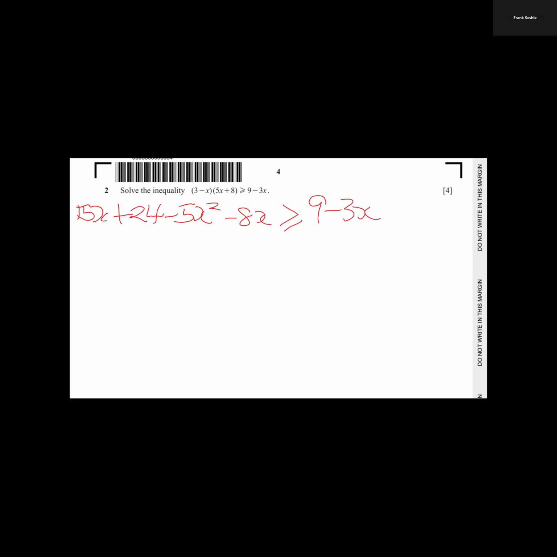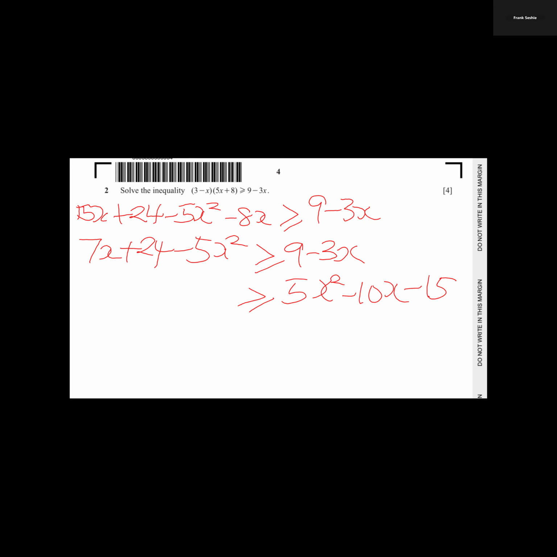So 15x minus 8x is 7x plus 24 minus 5x squared, and that's 9 minus 3x. So I sent this to the other side. We have 5x squared, negative 3x, negative 7x, that's negative 10x, negative 5, then negative 9 minus 24, that's negative 15. Right, and that's 0 here.